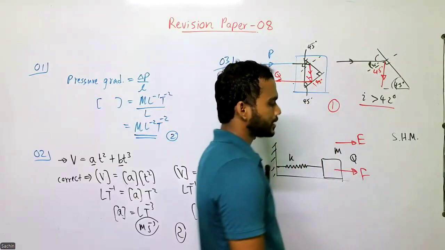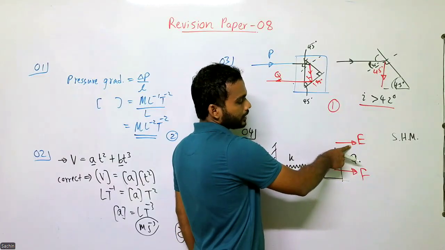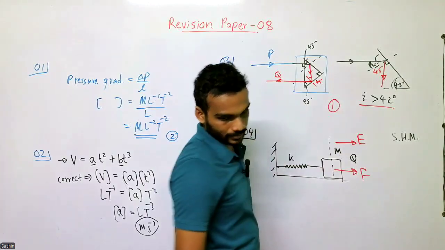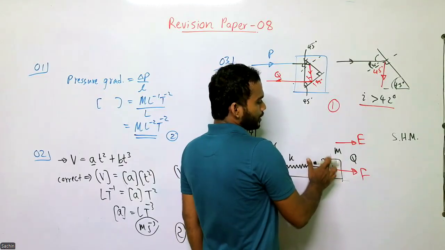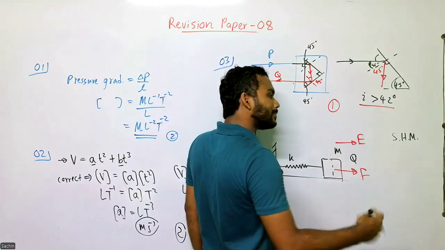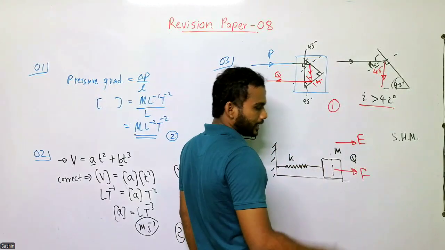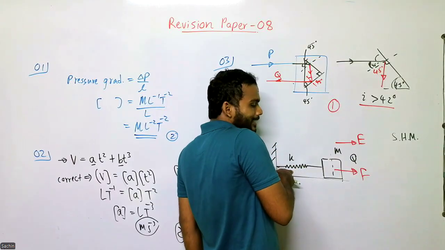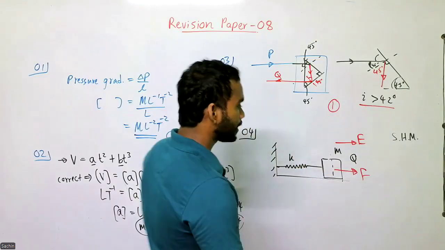But after application of this electric field, will that equilibrium position be at the same place? No, because the electric force comes in. Once it comes, the object moves this way. It balances when the spring exerts a force equal to the electric force in the opposite direction.